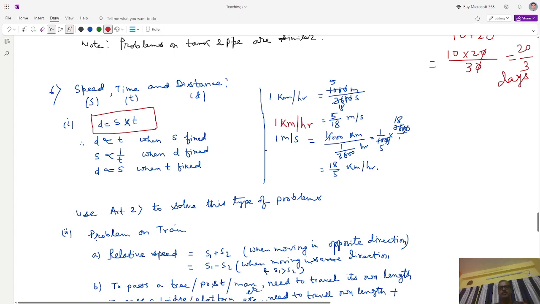Similarly, 1 meter per second equals 1 by 1000 kilometer divided by 1 by 3600 hour, which equals 18 by 5 kilometer per hour. In some problems, this conversion is required to take the data in the same unit.